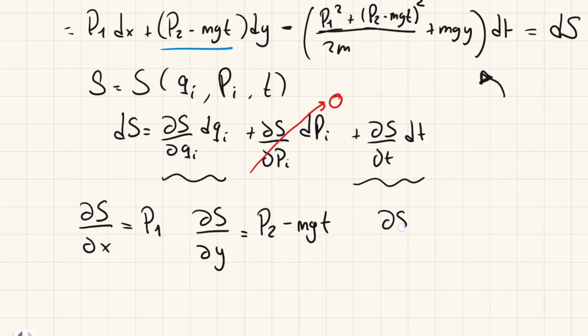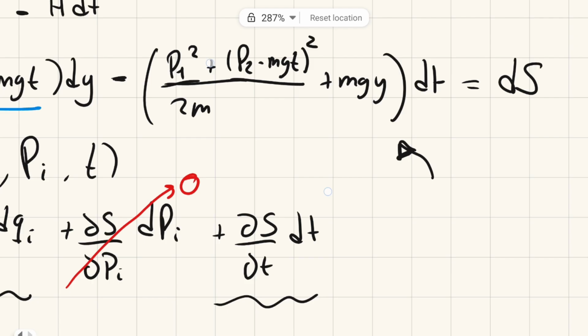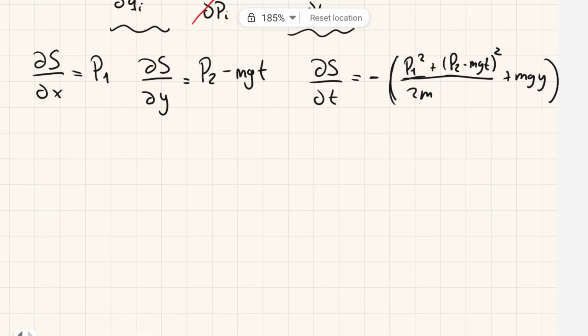And the partial of s with respect to time is equal to all this thing minus, and let me copy this quantity to make it faster. Okay, there it is, right? So we need to solve these three differential equations that are not too hard.